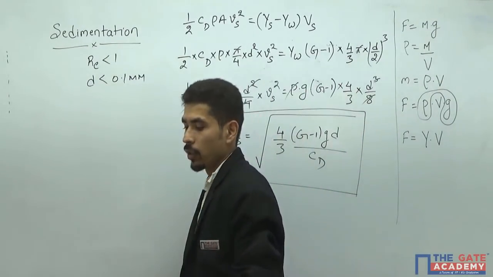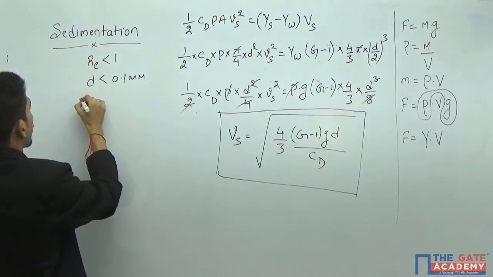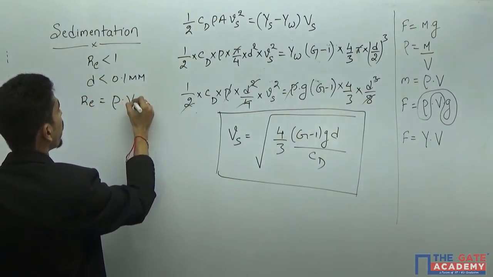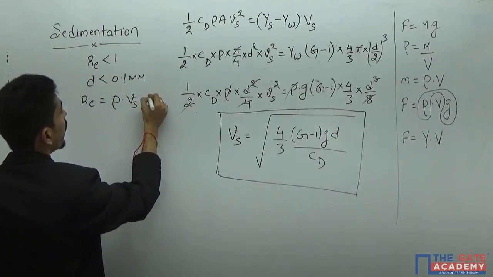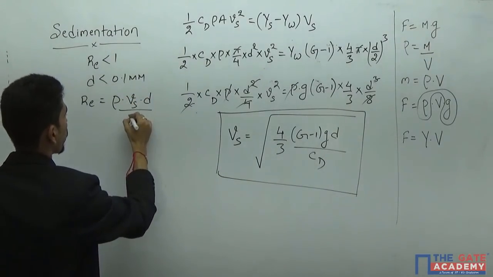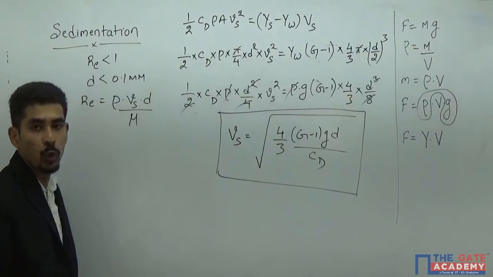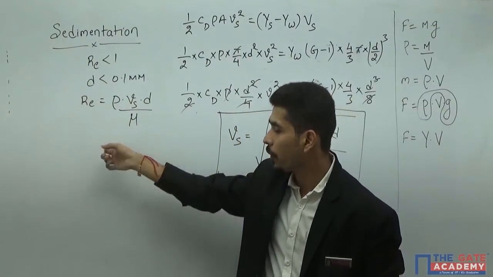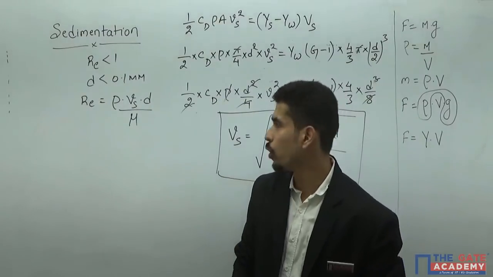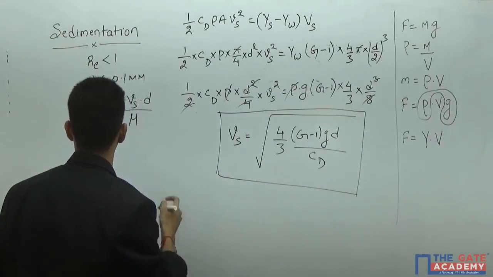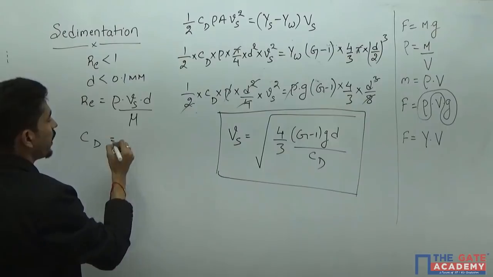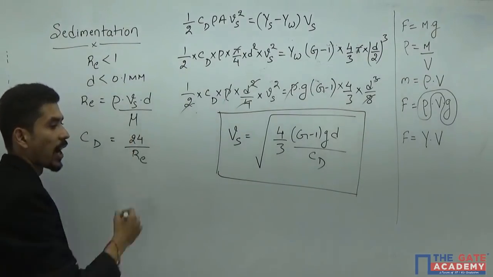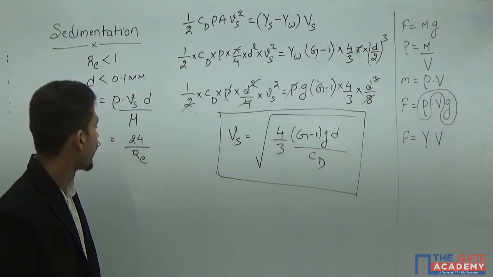Now, we know Reynolds number is given by rho into V, that is settling velocity, into d divided by mu. Mu is the dynamic viscosity of water. We also know in case of laminar flow, the drag coefficient CD is equal to 24 divided by Re.